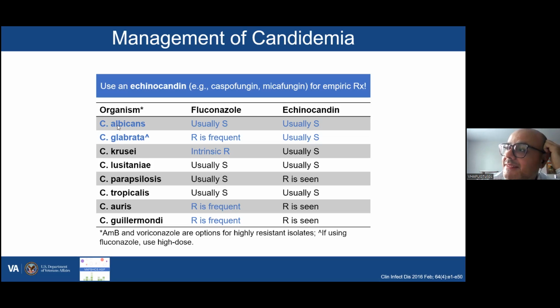Things like C. albicans, C. tropicalis, C. parapsilosis, and C. lusitaniae are usually sensitive to fluconazole. The ones you have to watch out for in terms of resistance to fluconazole are C. glabrata, C. auris, and C. guilliermondii. Most of these are susceptible to echinocandins, but you'll see sporadic resistance here and there for parapsilosis, auris, and guilliermondii.